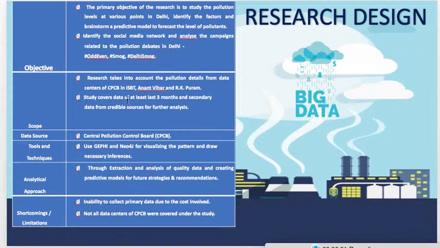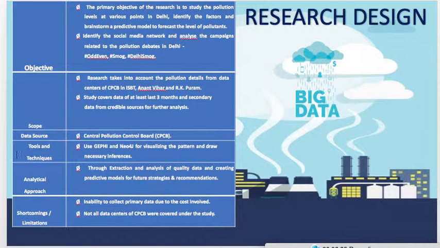Our scope is to identify a particular data point with the help of the data given through the Central Pollution Control Board and also the other websites and also other research papers which I've quoted in the paper. We are using Gephi and other tools to visualize this particular data and to analyze the patterns underlying.